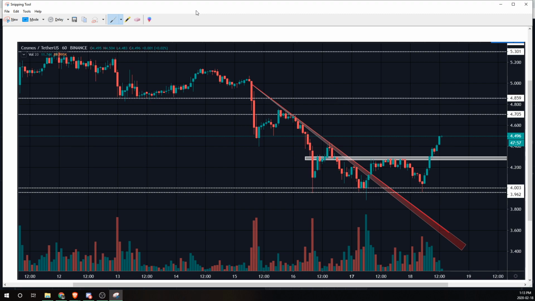Instead, I will have areas of supply in mind that I will first see how the price reacts to, because if there is a surge in buy volume, if the price just doesn't respect resistances and is absolutely booming up, like for example Ethereum had a massive boom, Bitcoin had a pretty strong boom from 7,800, there are times in the market where it just makes sense to have dynamic take profits. I'm not saying all of them should be dynamic take profits. I think you should have some hard take profits within your trade plan, but we are going to implement the dynamic take profits more often within our trade plans, which you will see within the trades that we're going to be taking.